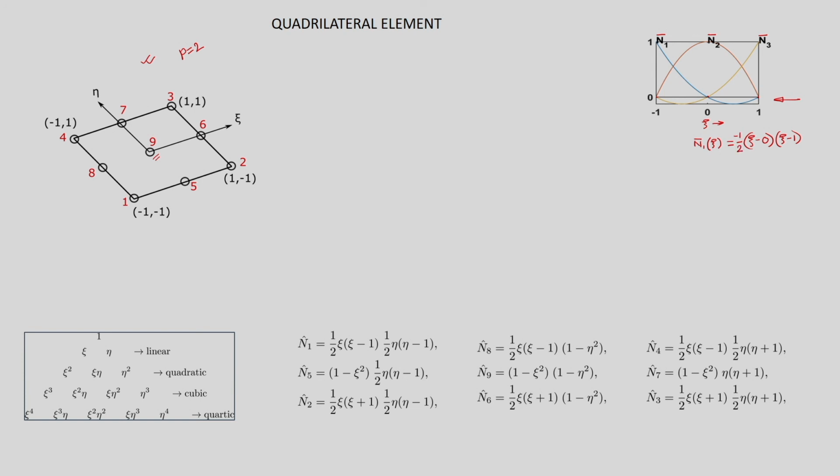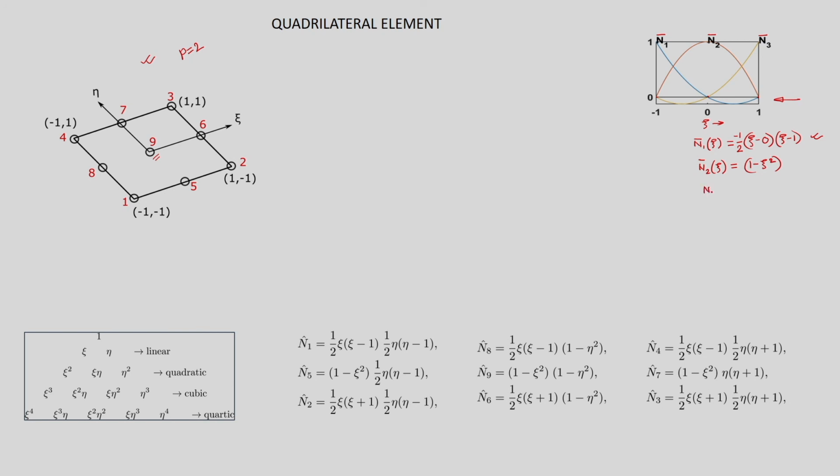Alright. So, following this, we can construct the shape function n2 bar of xi. It has to vanish at xi equal to plus minus 1. So, that renders 1 minus xi square. Alright, it vanishes at xi equal to plus minus 1 and is 1 at xi equal to 0.